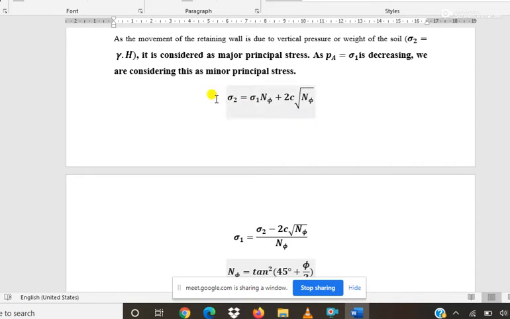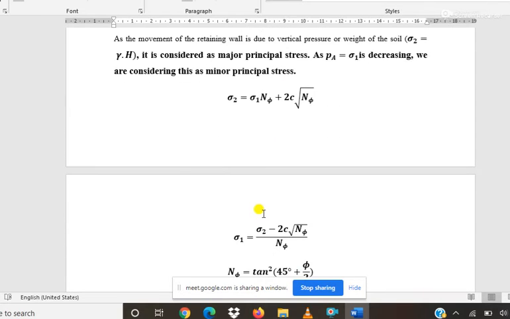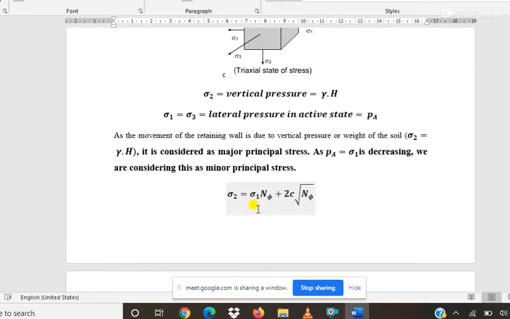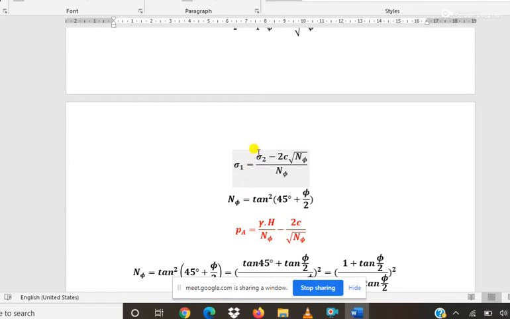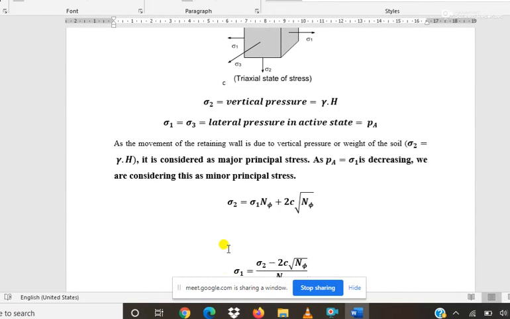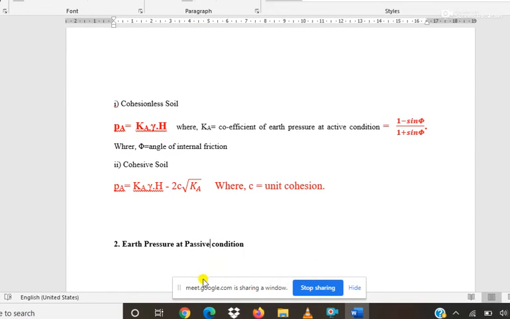In case of active pressure, lateral pressure in active condition, sigma 1 is equal to the lateral earth pressure, and sigma 2 is equal to the vertical earth pressure. Vertical earth pressure is nothing but gamma multiplied by h, and sigma 1, which is lateral earth pressure, is represented as PA. Now in case of passive condition, we have to derive the equation for PP.